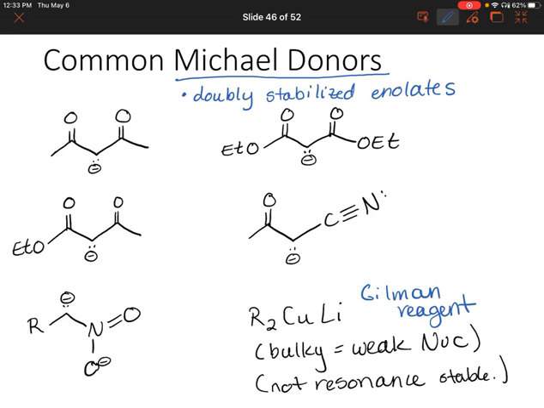Michael acceptors would really be any type of conjugated system. So typically those will be our alpha, beta, unsaturated aldehydes or ketones. Your textbook does list a couple of others, but I think we're mostly just going to focus on those aldehydes and ketones that are unsaturated.